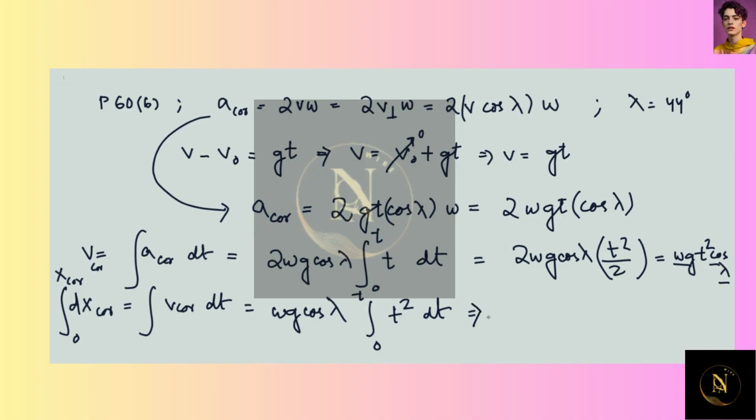This will give x Coriolis equal to, the integral of this is t to the power 3 over 3. So we can write this as omega g t cubed over 3 times cos lambda.